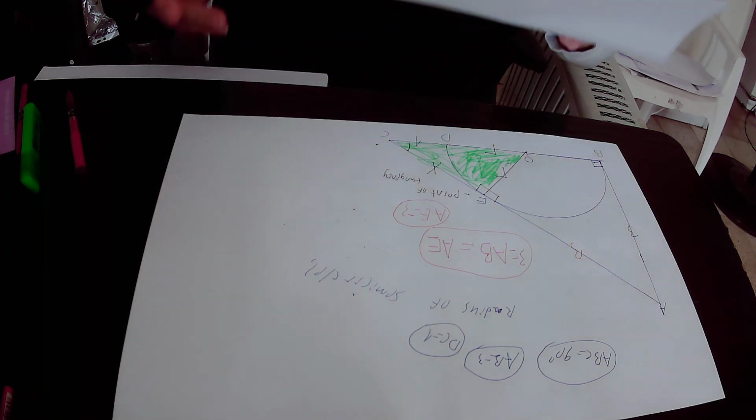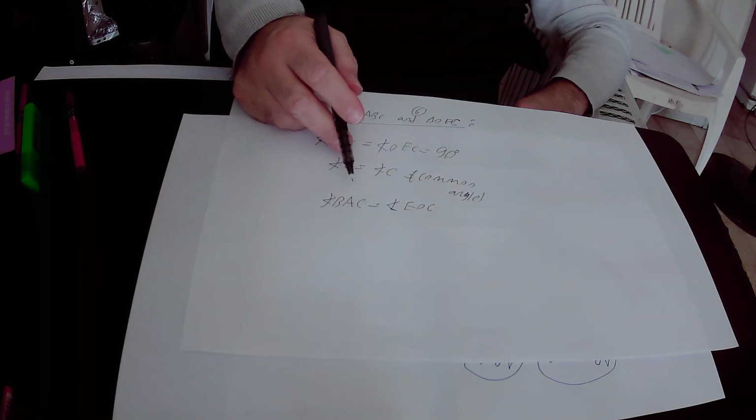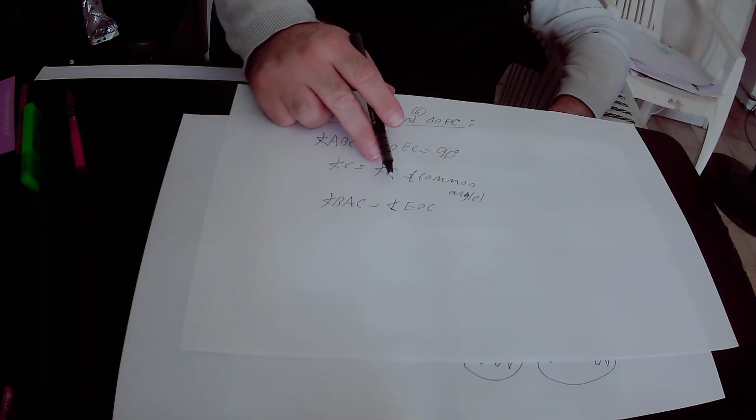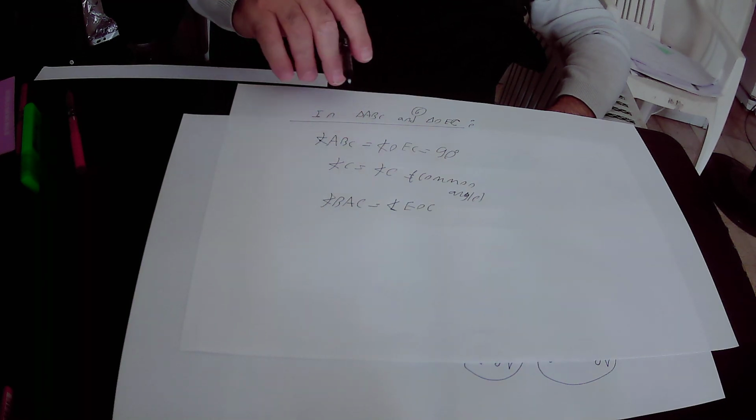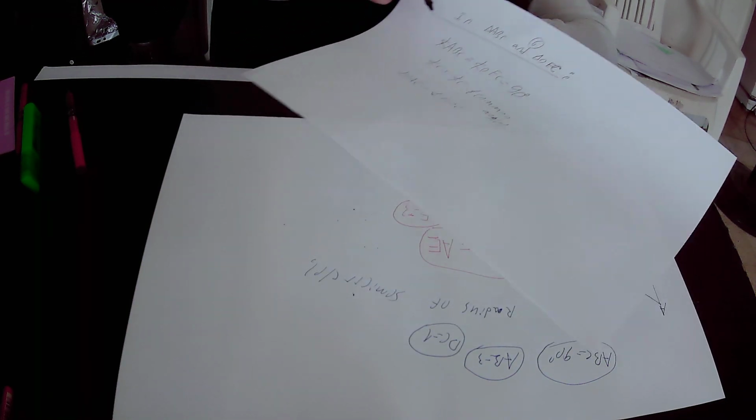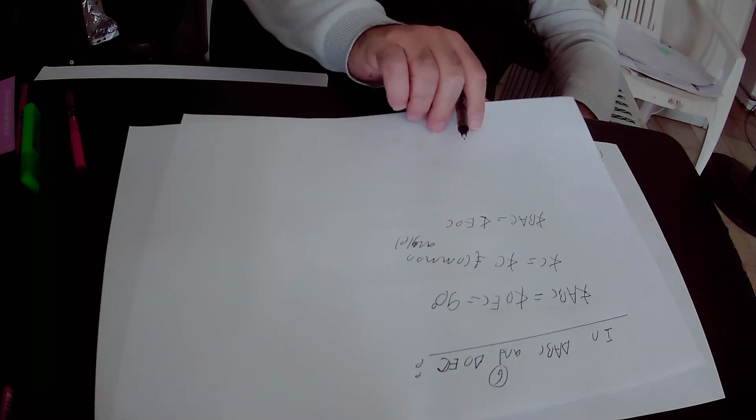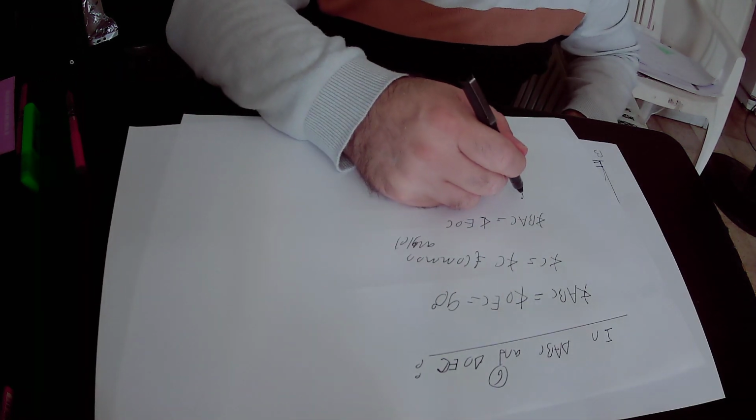So angle BAC of triangle ABC equals angle EOC of triangle OEC, and they are equal to each other according to the third angle theorem.